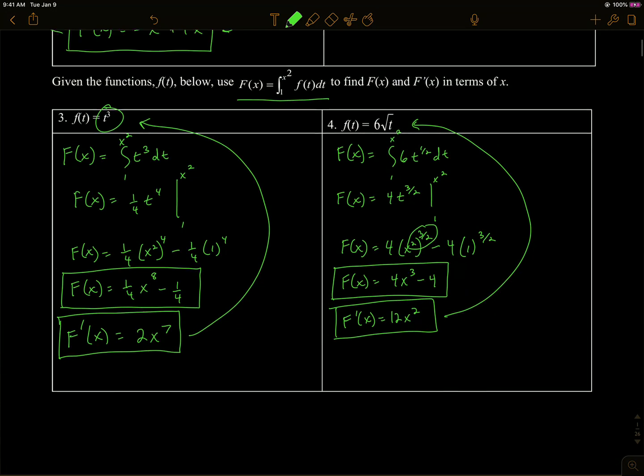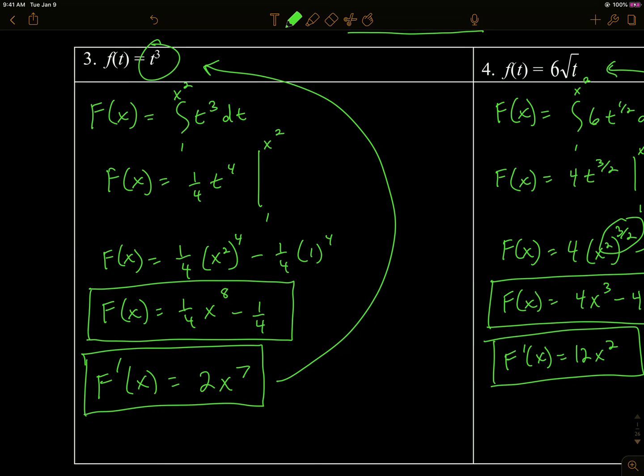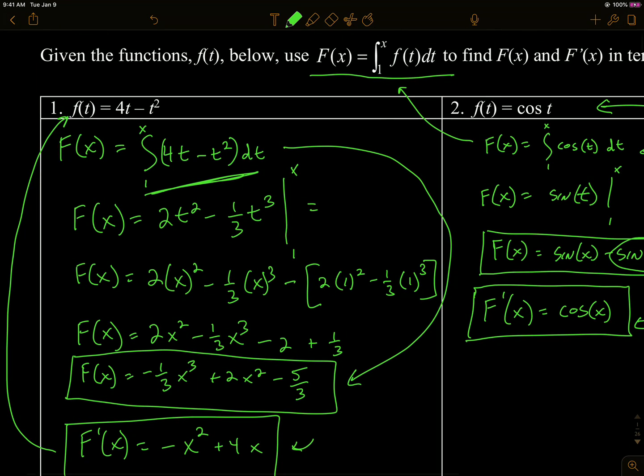So what was going on here in this case? Well, if our function is defined from 1 to x squared, this is really our variable in this function. And so our inner function, if you think of chain rule, is x squared. So we have to apply chain rule here. Okay, so if we look at these original ones here, the inner functions are just x.